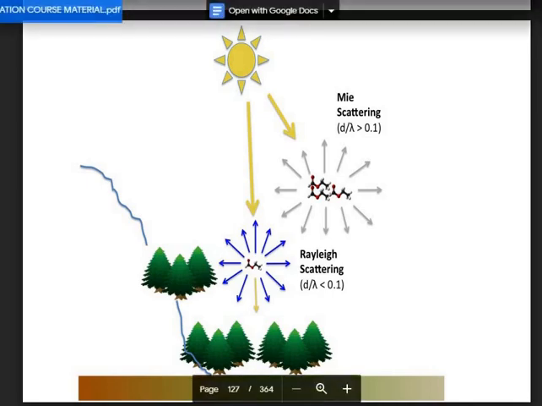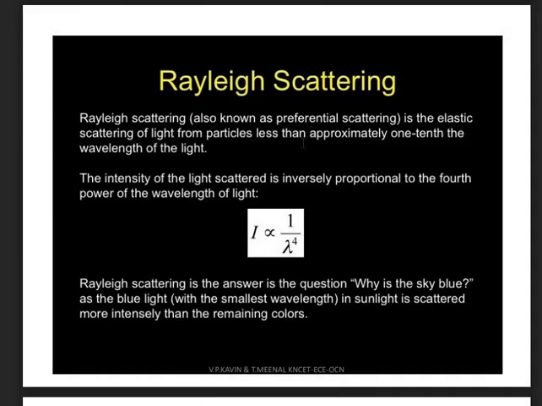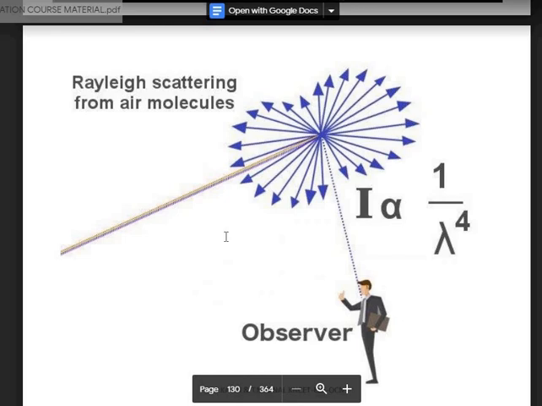Before seeing Mie scattering, see the Rayleigh scattering. Here the intensity of the light is inversely proportional to the fourth power of its wavelength. Why are we saying the fourth power?